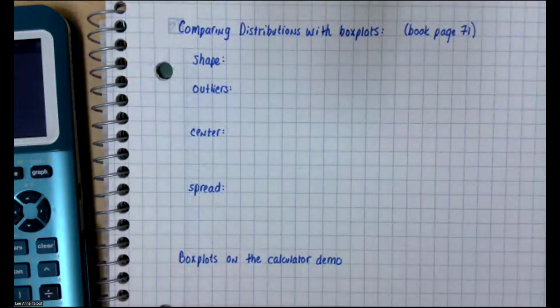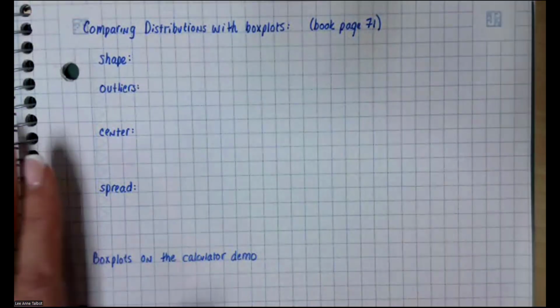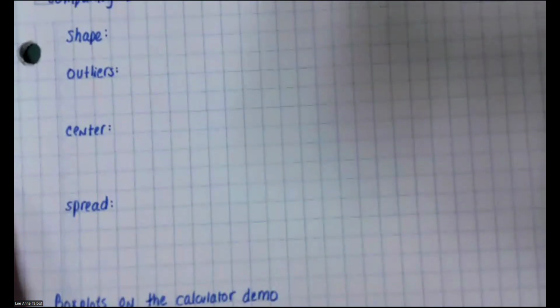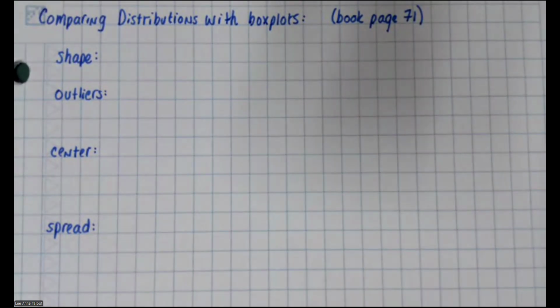Okay. We have one more thing for us to write, and then I'm going to show you something else on the calculator. And I want to talk about what happens when you compare box plots. So in some of the FRQs, they're going to have 2 graphs. Sometimes they're histograms, sometimes they're box plots, and they're going to ask you to compare them. And I want to give you the very specifics on what College Board wants for when you're making comparisons between 2 graphs.